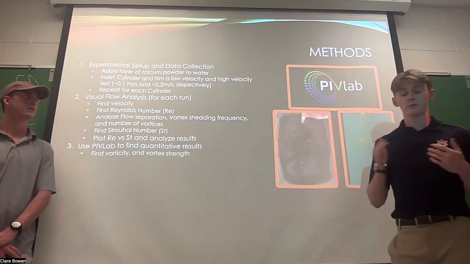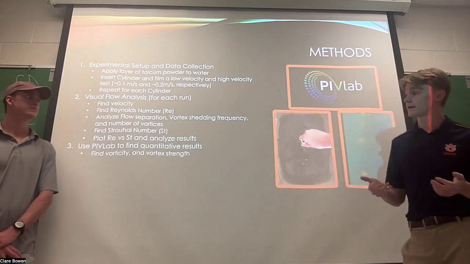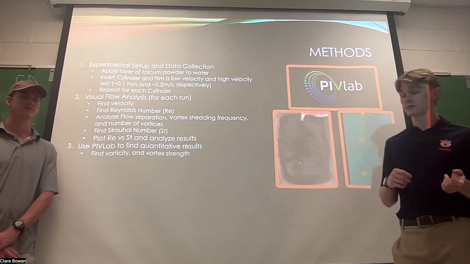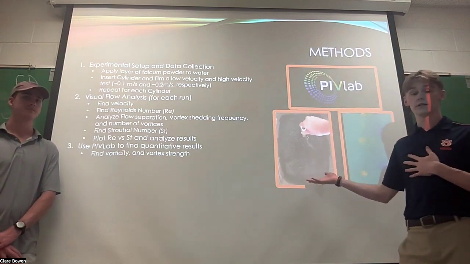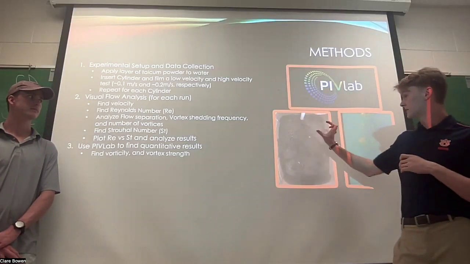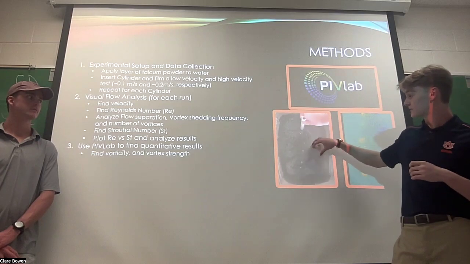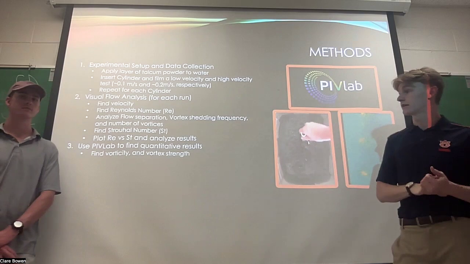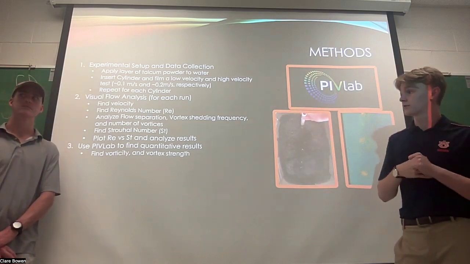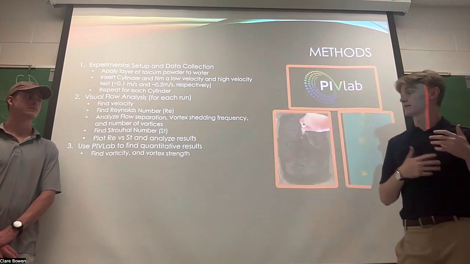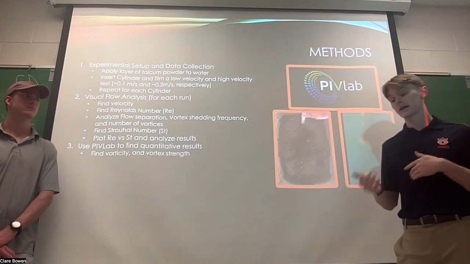Once that was finished, we could analyze our results. Taking high-speed footage, something like what is seen here in the video, we could look at the vortices that form behind the cylinder, and taking into account their frequency and number of vortices, we could find things that characterize this.